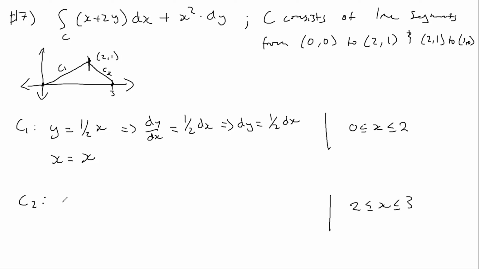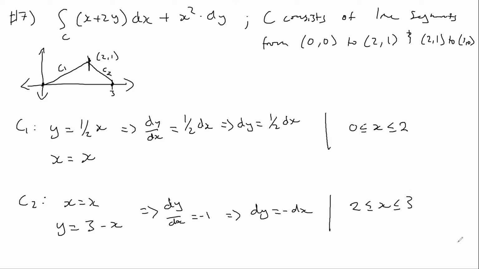Again, I'm going to leave x as is, but y is equal to 3 minus x, sorry, 3 minus x. Based off this, dy over dx is equal to -1, and hence dy is equal to negative dx.